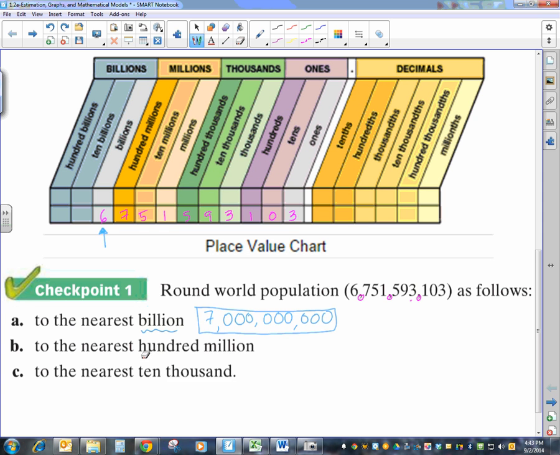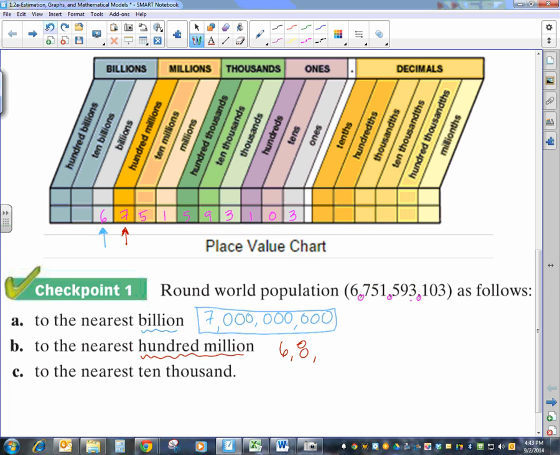Let's try another one. 100 million. 100 millions is right here. Okay? That's the place I'm rounding. I look to the right. Is this number 5 or greater? Yes, it is. So that means I'm going to add 1 to this. Anything that comes before it doesn't change. Add 1, it becomes an 8.